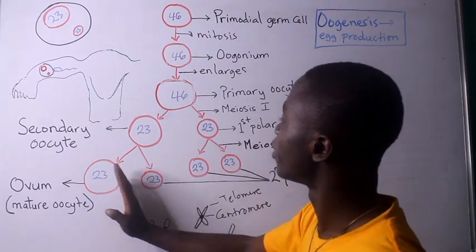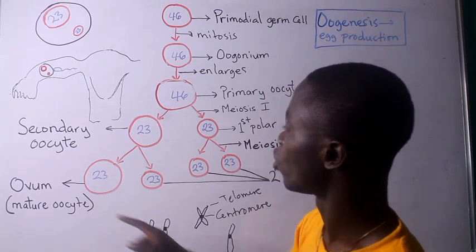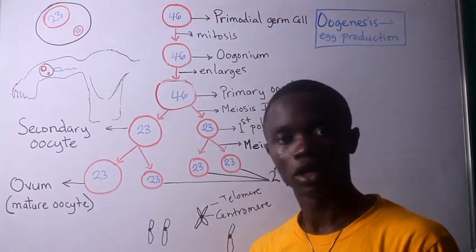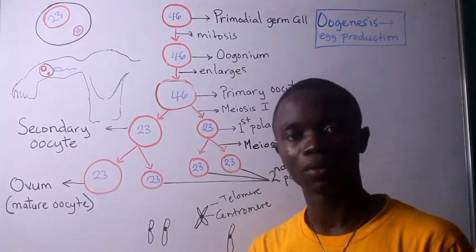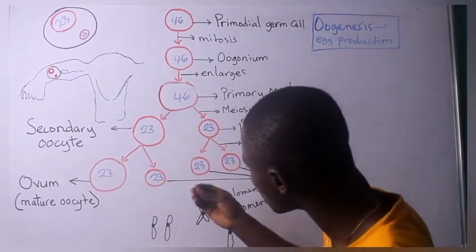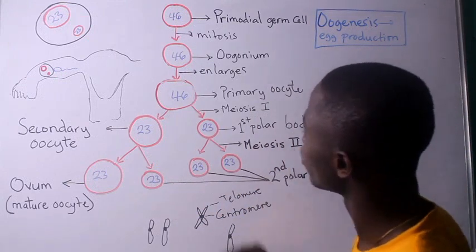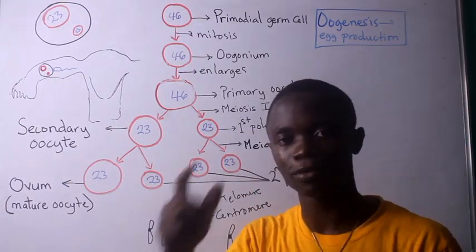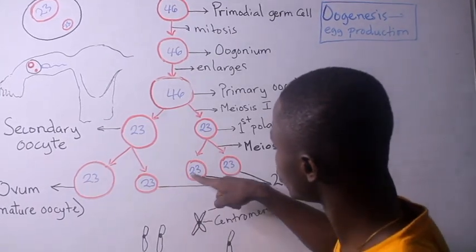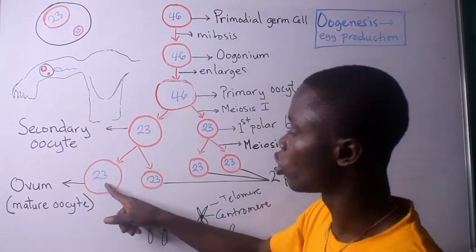The one with the large cytoplasm will be called the mature oocyte, or the ovum, which is the egg that you produce. You release it, you ovulate it, directly into your fallopian tube. The second one, which is smaller, will also be called the second polar body. So at the end of oogenesis in females, you produce three polar bodies, 1, 2, 3, and a mature oocyte.